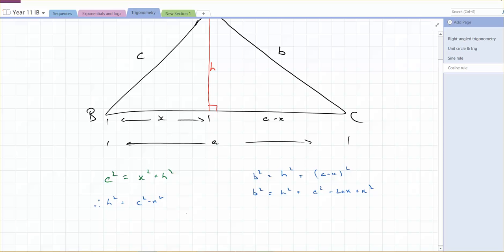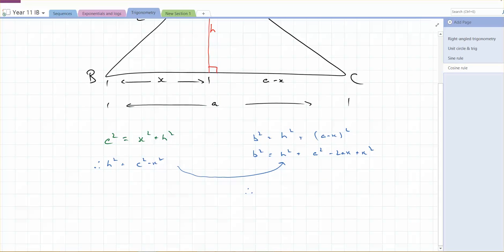If we put that in for h squared there, then we get b squared equals c squared minus x squared plus a squared minus 2ax plus x squared. So the x squareds go, and we're left with a squared plus c squared minus 2ax.